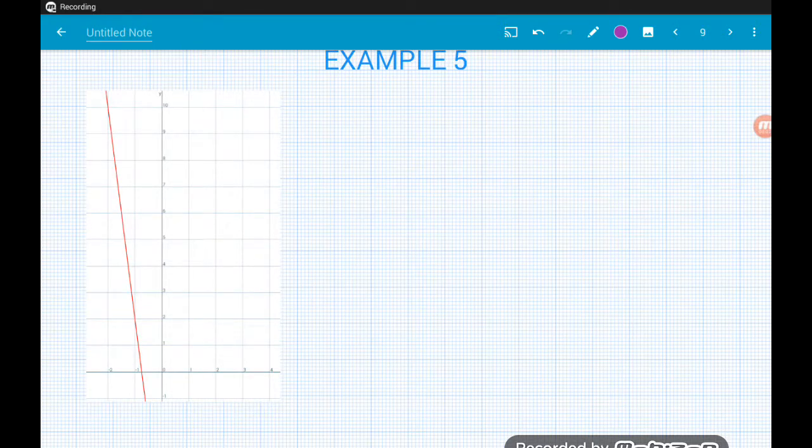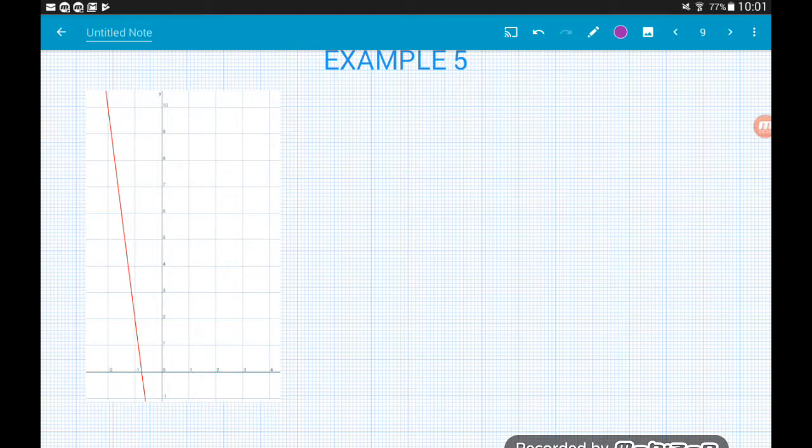Okay, example 5. So with this one, we now can't see where the line is crossing the y-axis, so we can't just write down the value of c. What we can see though is that it's going to be below the x-axis, so we do know it's going to be negative.